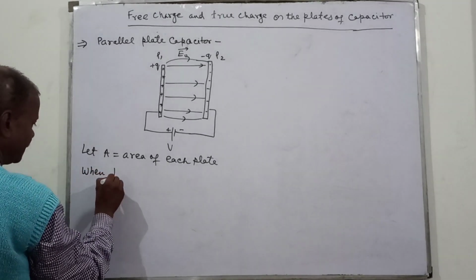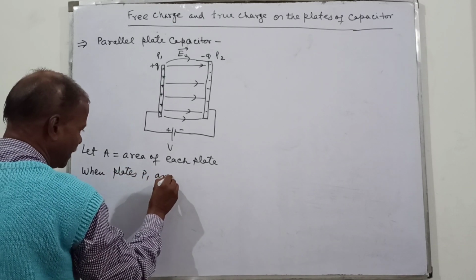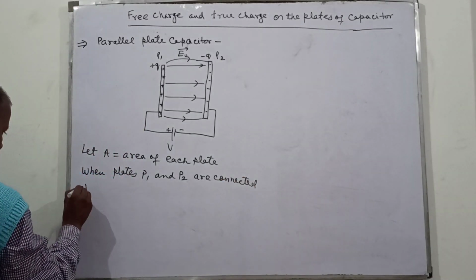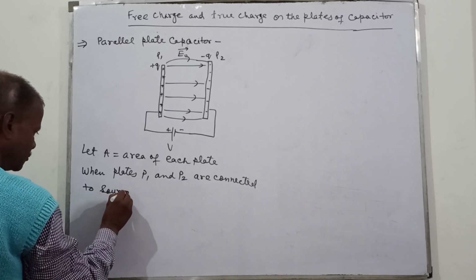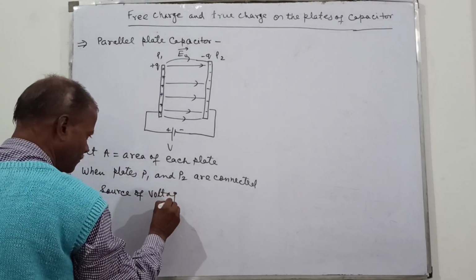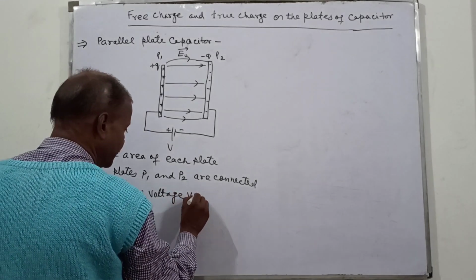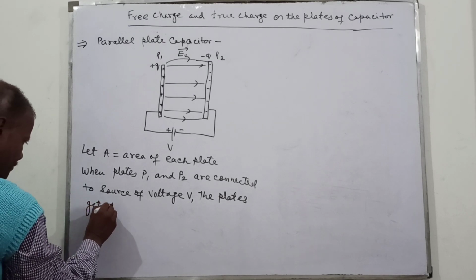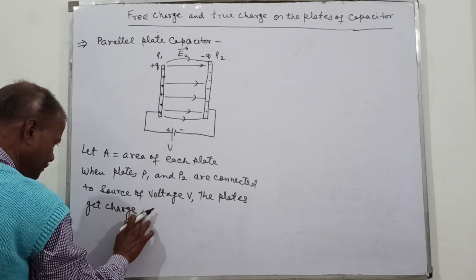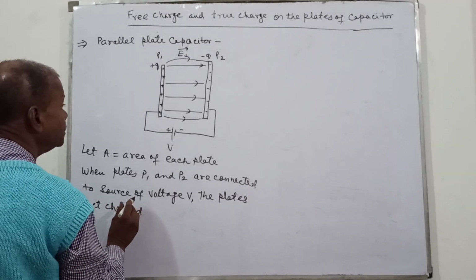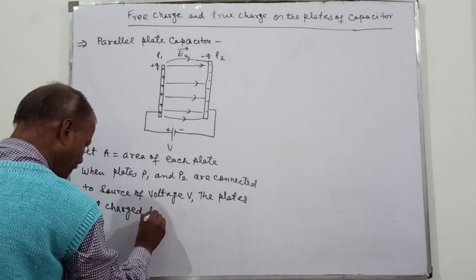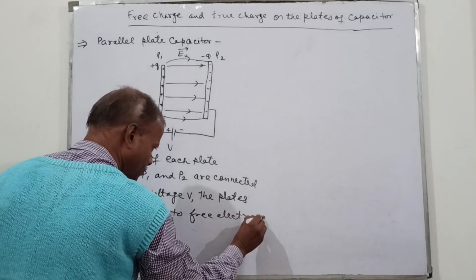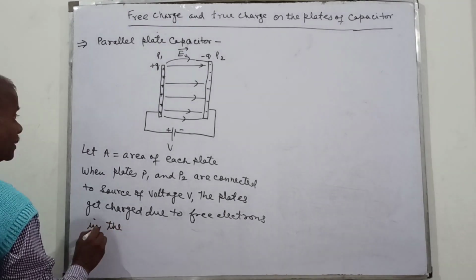When plates P1 and P2 are connected to a source of voltage V, the plates get charged due to free electrons in the plates.